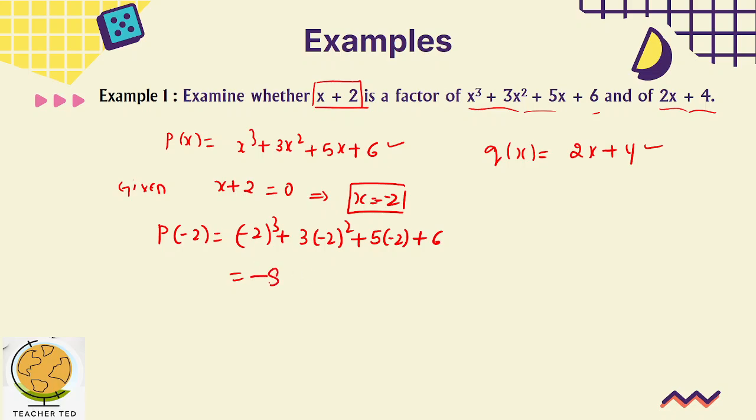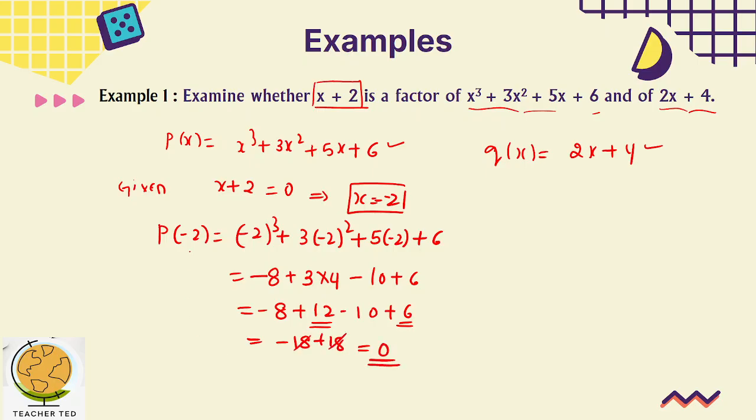So 2 cube is 8, minus 8, plus 3 into minus 2 square is plus 12. Then 5 into minus 2 is minus 10, plus 6. So it becomes minus 8 plus 12 minus 10 plus 6. So 12 plus 6 is 18, minus 8 minus 10 is minus 18. It becomes minus 18 plus 18, which becomes 0. So p of minus 2 is 0 for the first case.